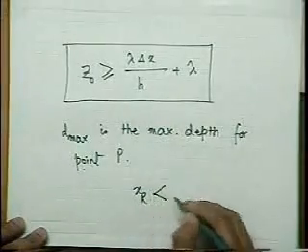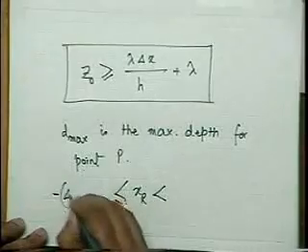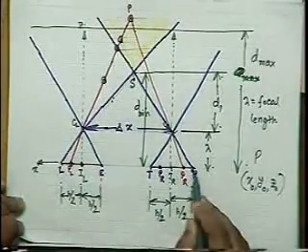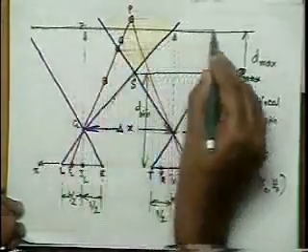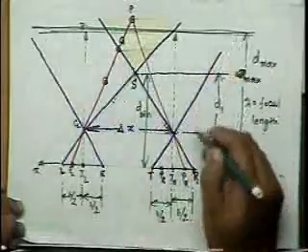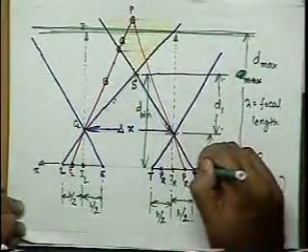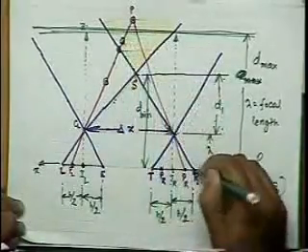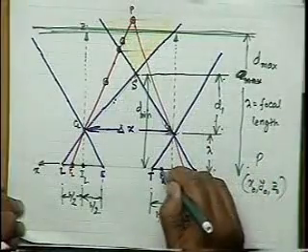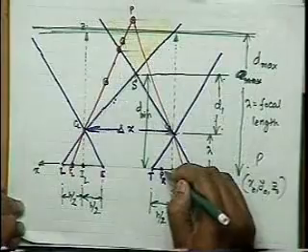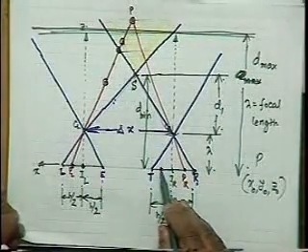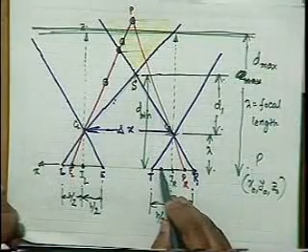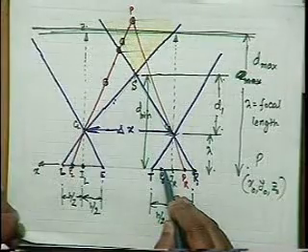On this side the limit is still the point R. Even if I assume a maximum depth, my extreme limit on this side is that the image can be at the point R, because if this is the ray, then I have the image point at R. But instead of assuming the depth to be infinity, I am assuming the depth to be less than infinity, so the corresponding image point will lie to the right of this point PR.